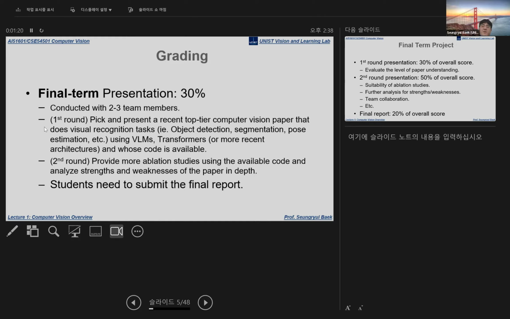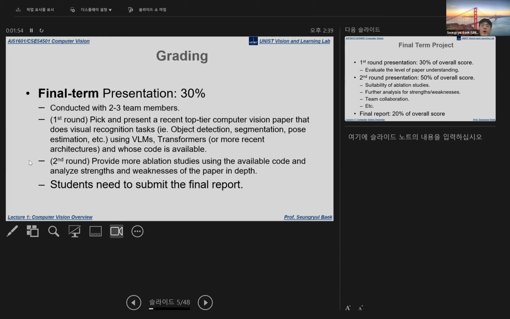And then in the second round, we want you to conduct more evaluation studies using their code, and understand their algorithms' strengths and weaknesses in depth. And then after doing this kind of analysis, you have to present these strengths, weaknesses, or evaluation studies or characteristics of their algorithms in the second round presentation.